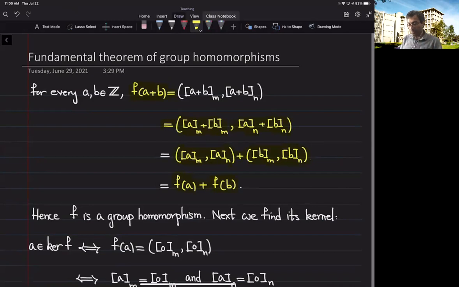So now I'm getting a group homomorphism from Z to Z sub m cross Z sub n. I want to understand its image and kernel. Let's start understanding the kernel. Often it's easier to understand the kernel.